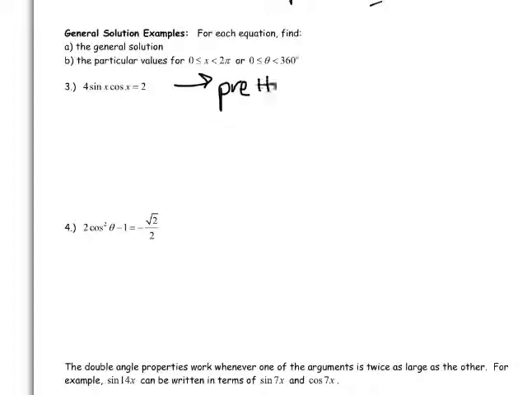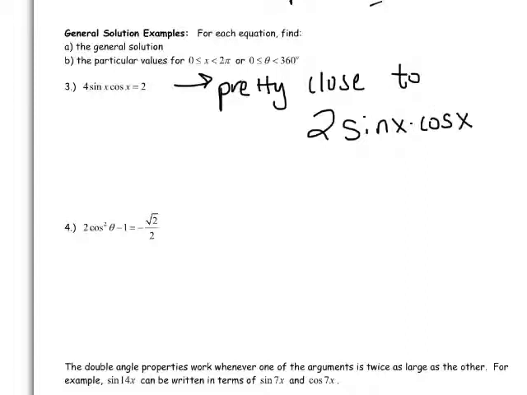The closest thing that I see is 2 sine x cosine x. But it's not quite 2, is it? It's 4. Well, that's just a coefficient. The coefficient is 4, which you could say is 2 times 2. So if I wanted this to be a 2 instead of a 4, I would divide by 2. But we can't just do that on one side.